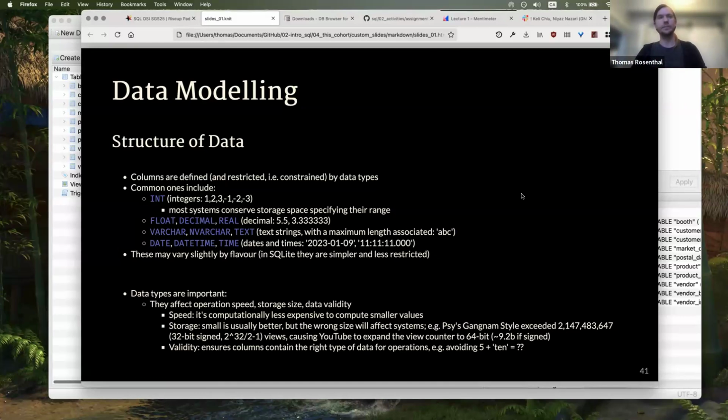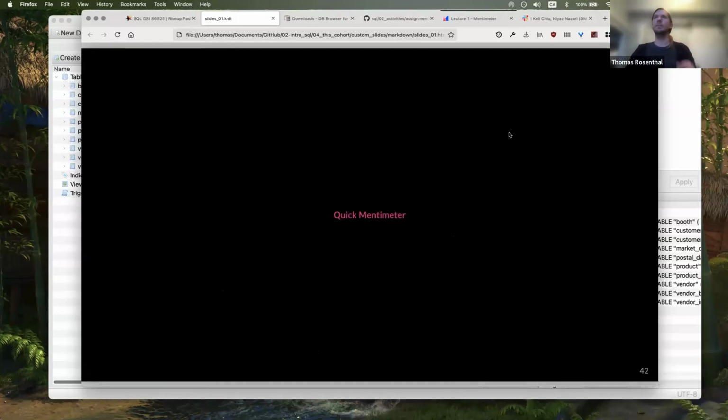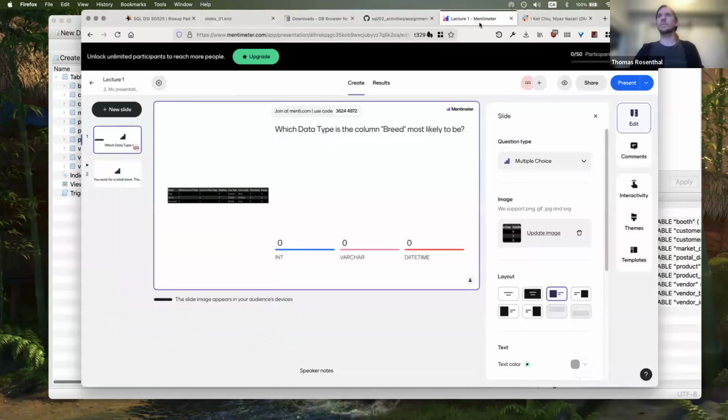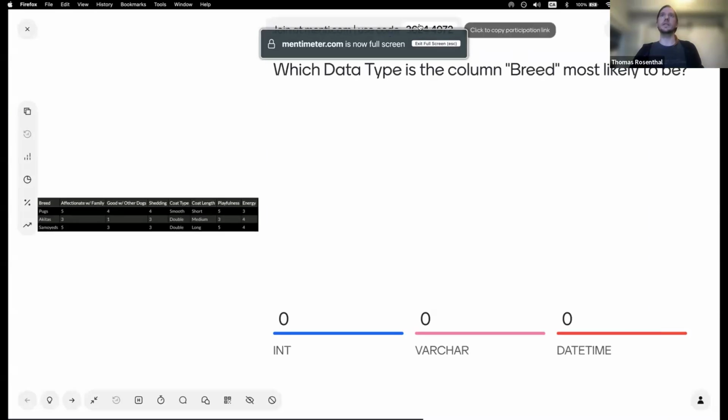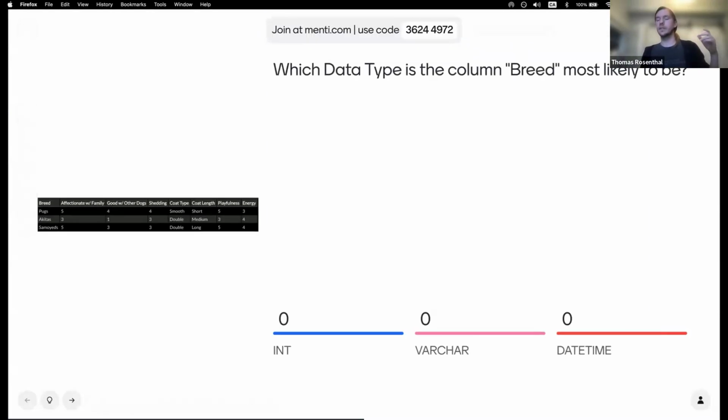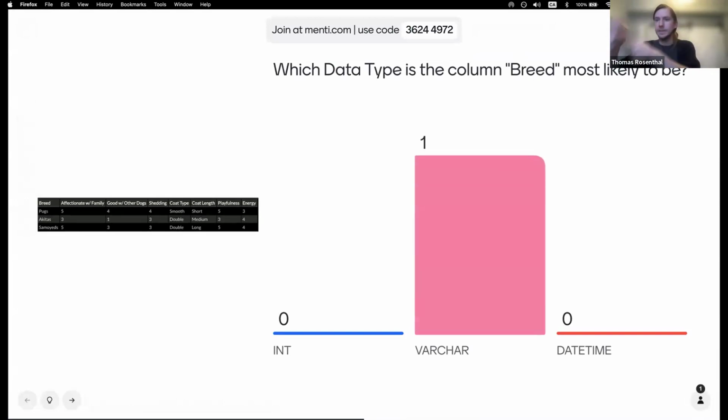So it's our structure. Let's have a quick Mentimeter here. The way this works, I'm just going to show a question. Here's a link. You can go on your phone, you can go on this. What data type is the column breed most likely to be? Don't write it in chat, write it in the Mentimeter.